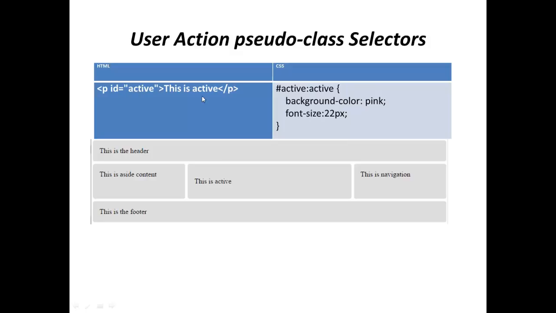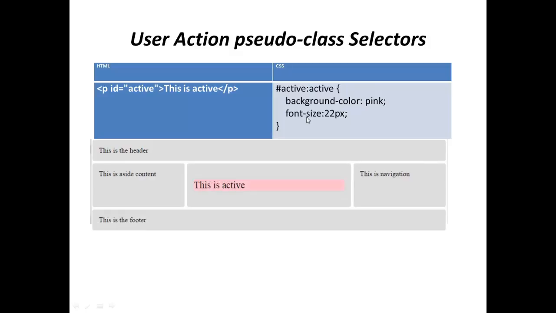We target the div ID of active, and we use the pseudo selector of active, and we give it a background of pink and a font size of 22. It'll turn when you click on it. It'll turn, this is active. Okay, see how that works?